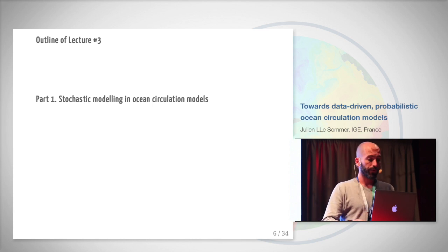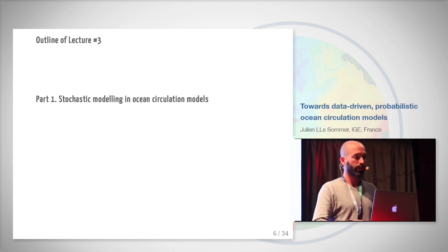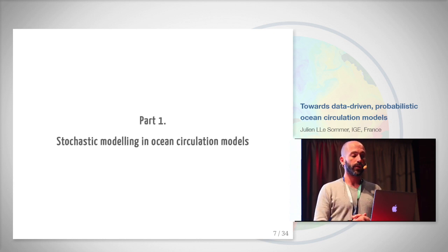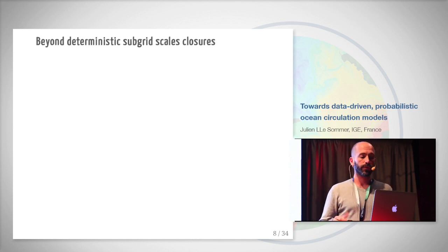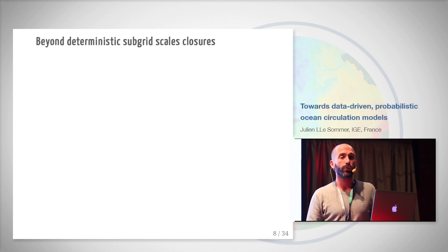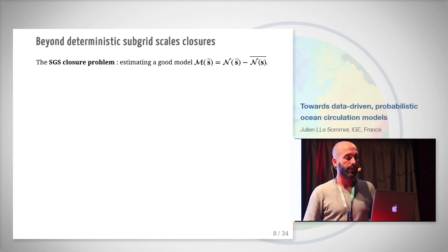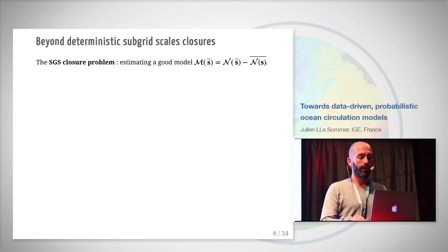Okay, so once again, an outline. I'm talking about stochastic modeling in ocean circulation models, the notion of uncertainty, the transition towards probabilistic ocean modeling through the use of ensemble simulations, and what is emerging, I think, this idea of more data-driven development of geoscientific models.